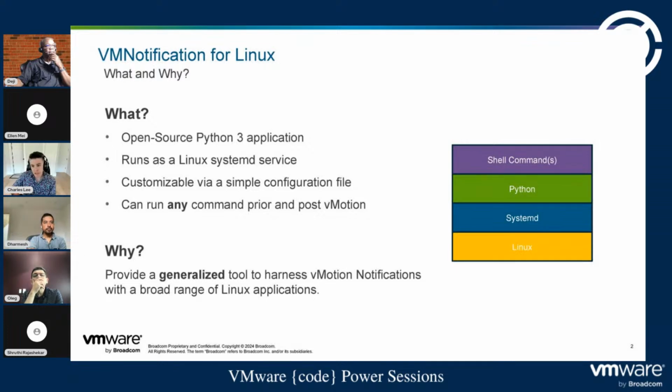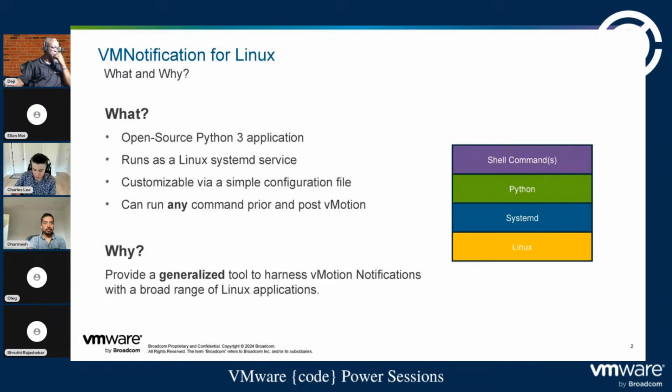So what is it that we've done? We've created an open source Python 3 application, and we've generalized it to run as a standard Linux systemd service. We've also made our work customizable. In this example, we'll be using CockroachDB, but we've created something sufficiently flexible so that a user could customize it to run different commands to accommodate different types of applications, whatever is required.